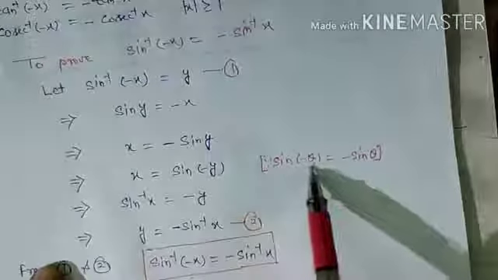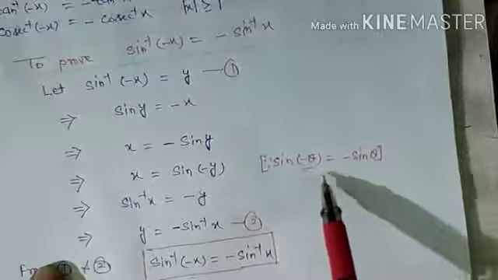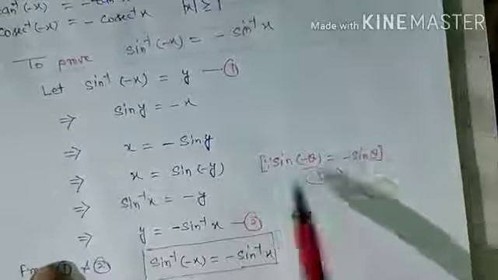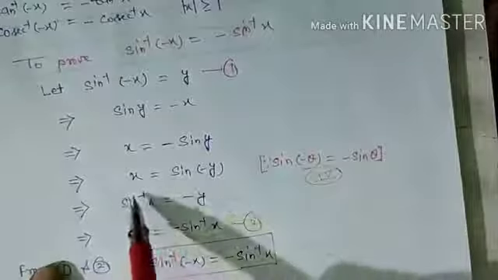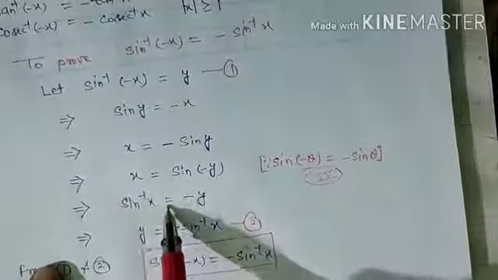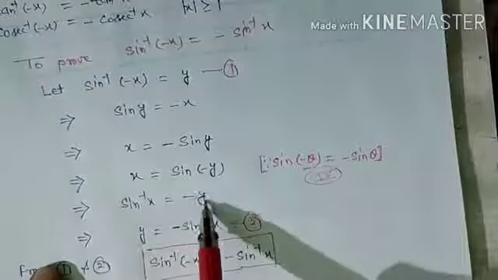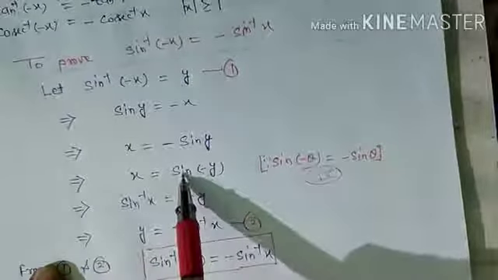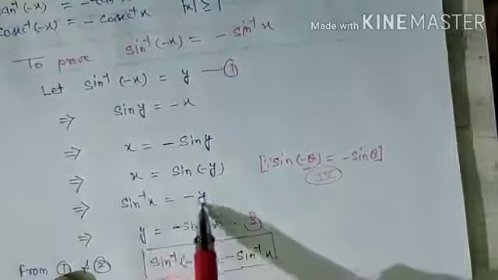This will be in the fourth quadrant, and in the fourth quadrant sine is negative. Sin inverse x is equal to minus y, because I have shifted this sign to the other side, so it will be sin inverse of minus x equals minus y.